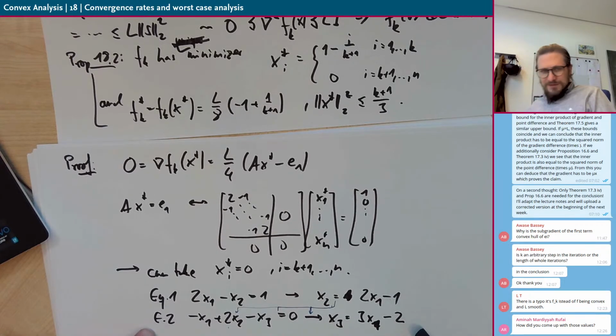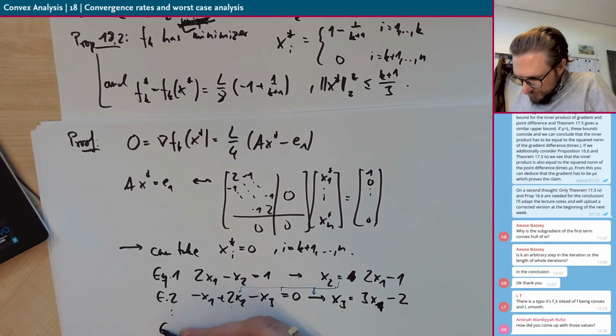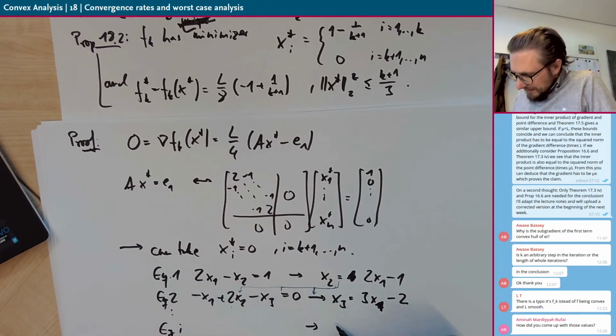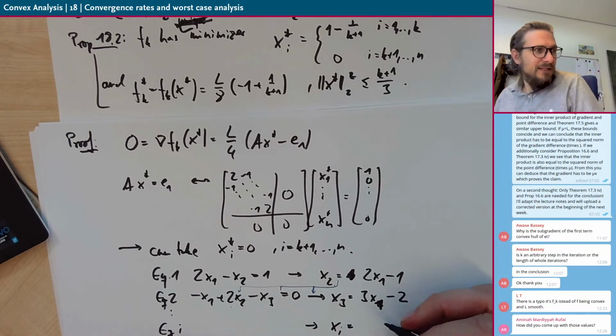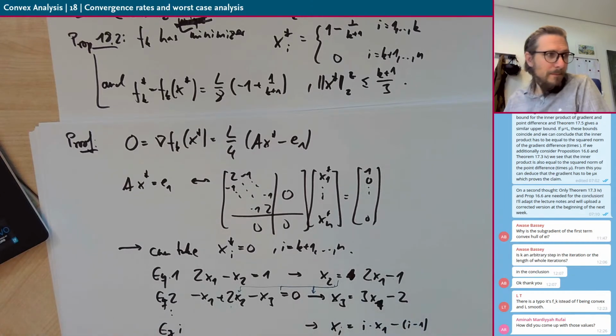And if you now do this in the next, and the next, and the next equation, moving on to equation I, you will see that xi is actually I times x1 minus (I minus 1).